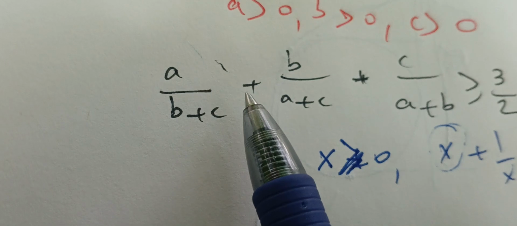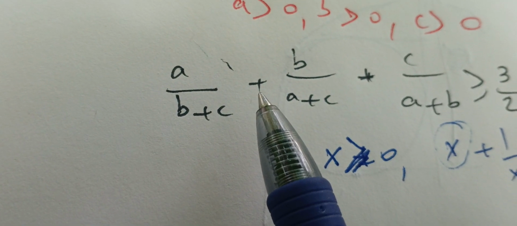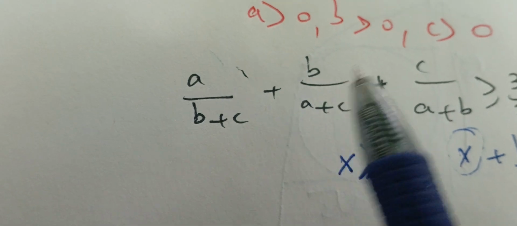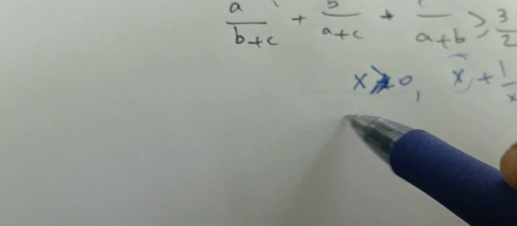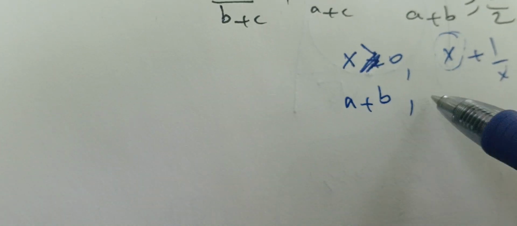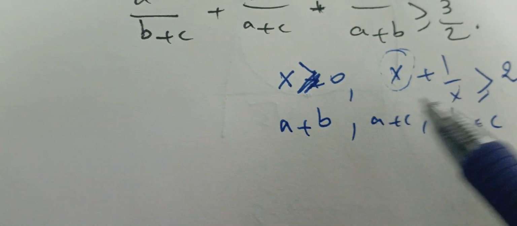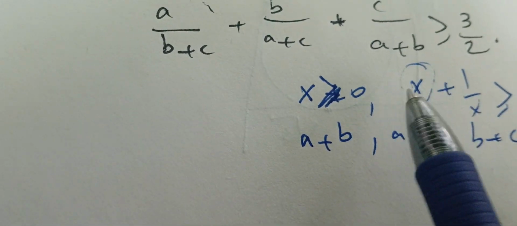We have 3 numbers and we want to choose 2 different numbers from 3. That means we have 3 ways. We can have A plus B, or A plus C, or B plus C. And we're going to modify this in such a way that we have a ratio.